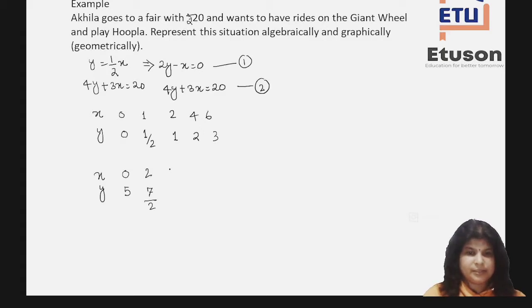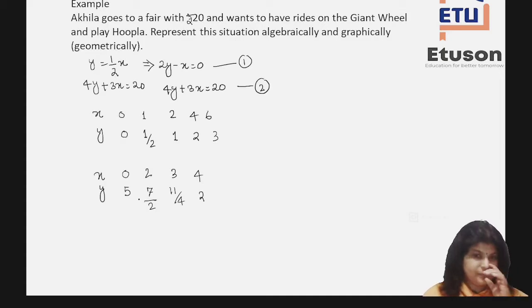If it is 3, then it is 11 by 4. If it is 4, then y is equal to 2.